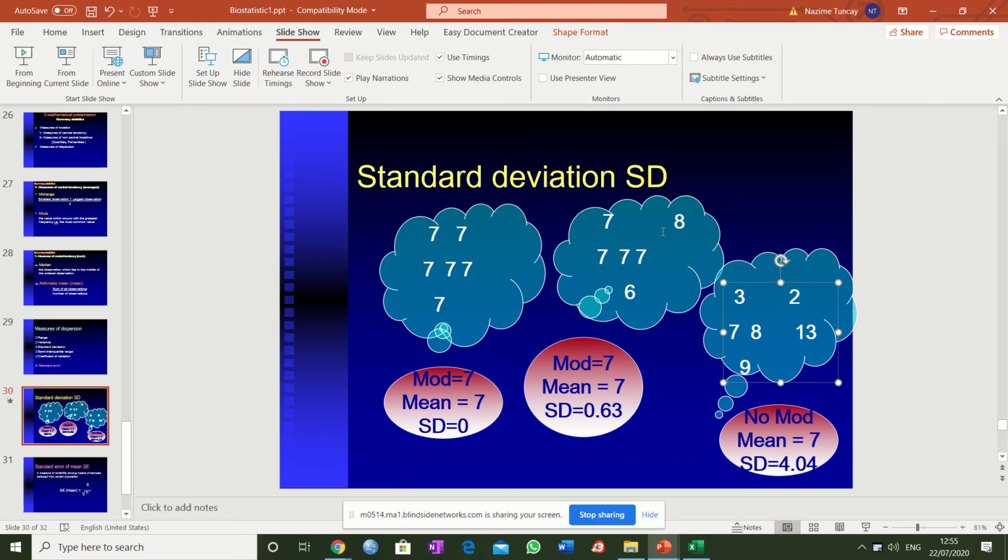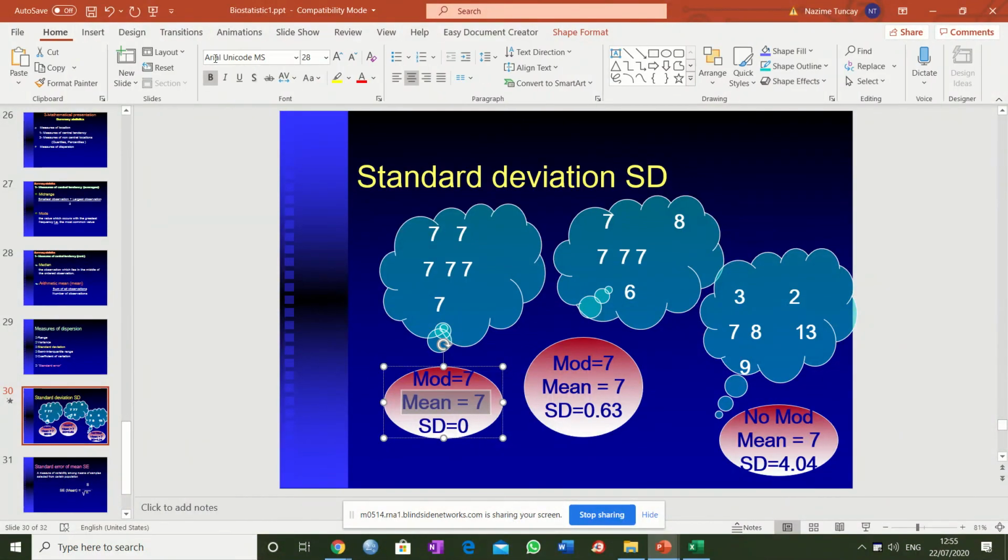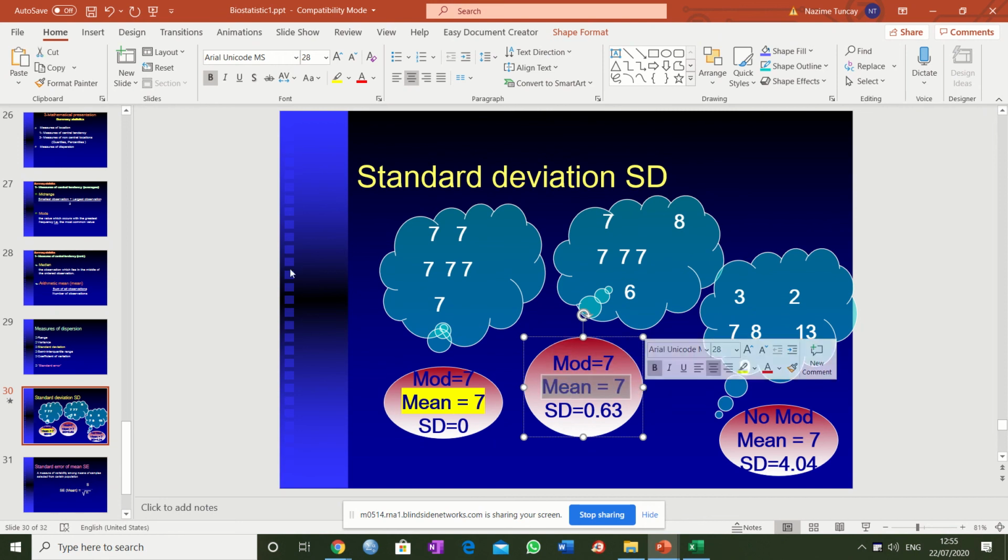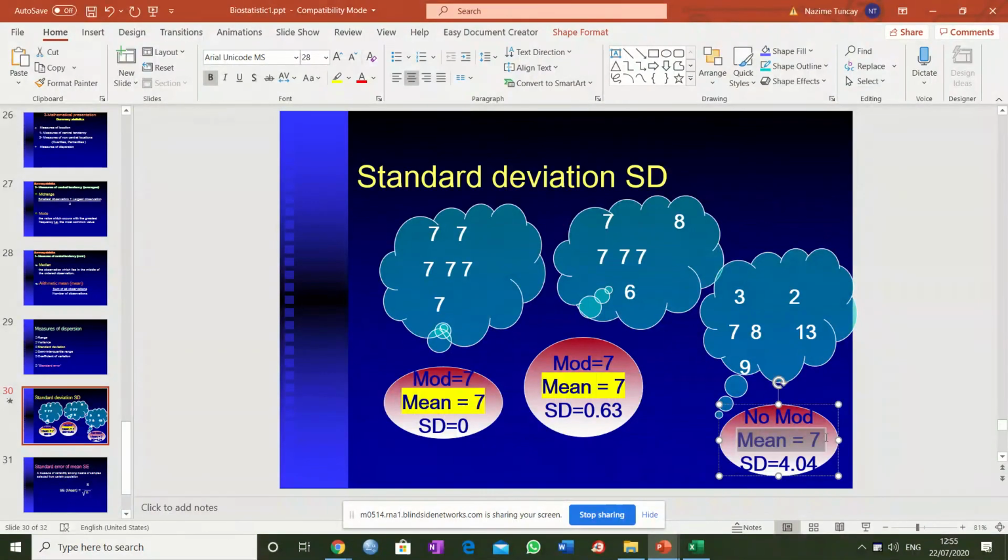These all have 7, one has 8 and 6, and one has 2, 3, 8. This is a more different one. But we can have the same mean, even if we have different patients with different measurements. That's what it shows here.